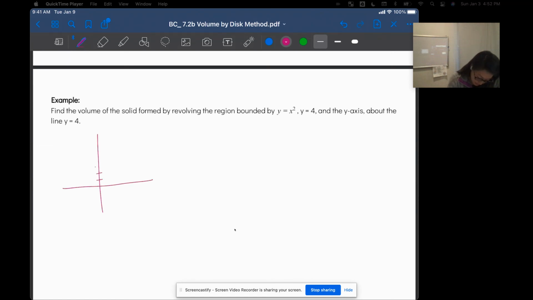So x squared would be 0, 0, 1, 1, 2, 4. Graph that in. y equals 4 is up here. The y-axis is right here. And then we're going to revolve around the line y equals 4.